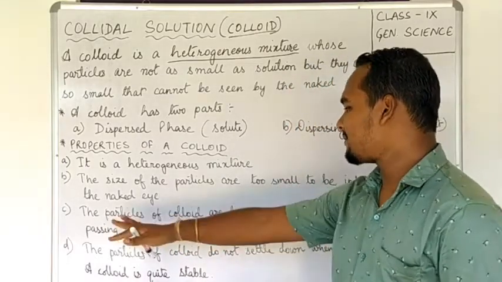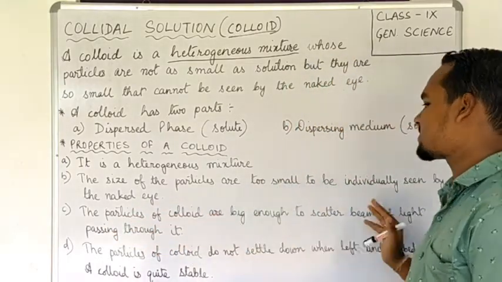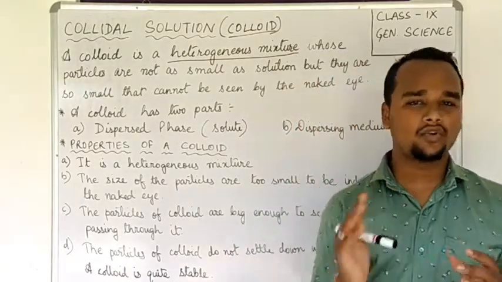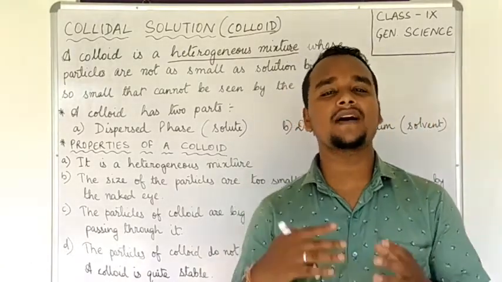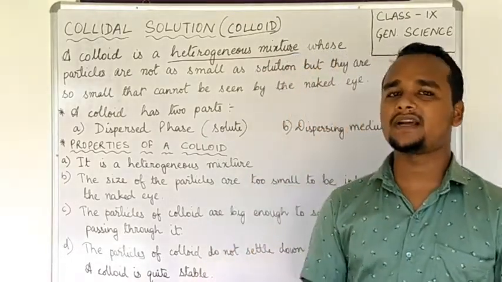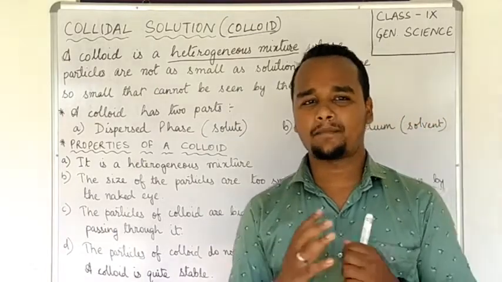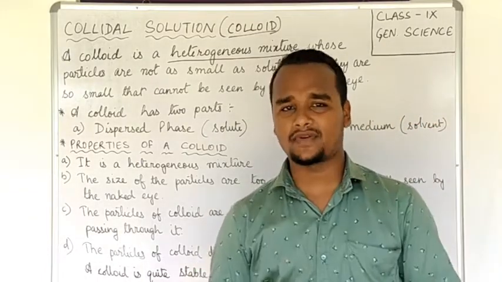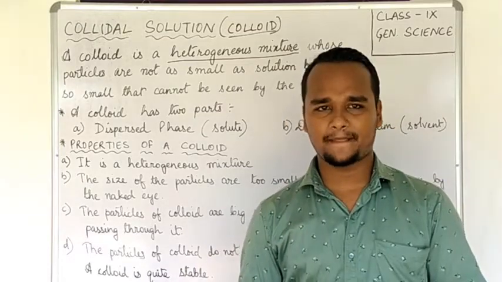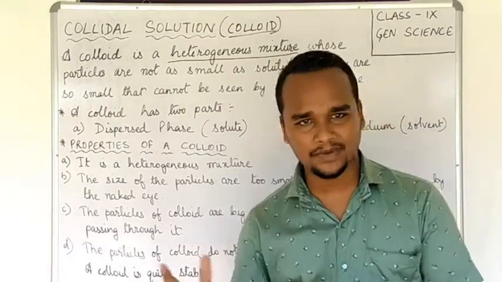The next one: the particles of a colloid are big enough to scatter a beam of light passing through it. Understood? That means a colloid shows scattering of light. If you pass light through a colloid, the particles will scatter the beam of light.